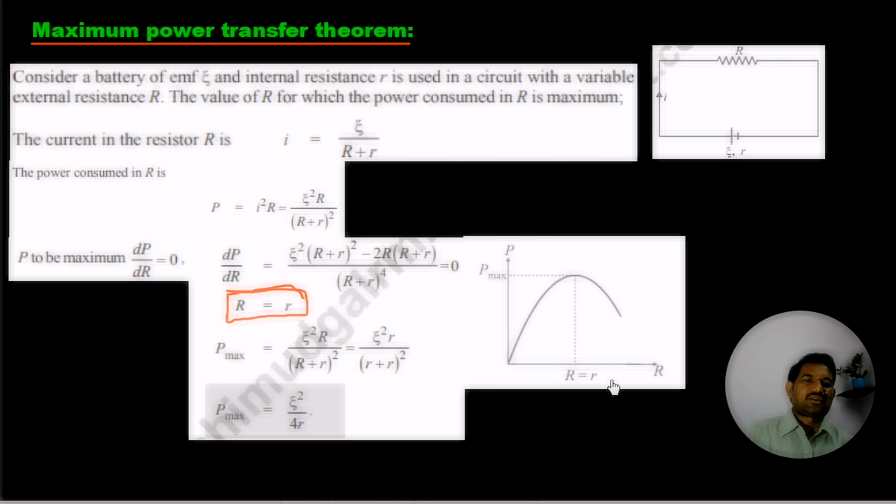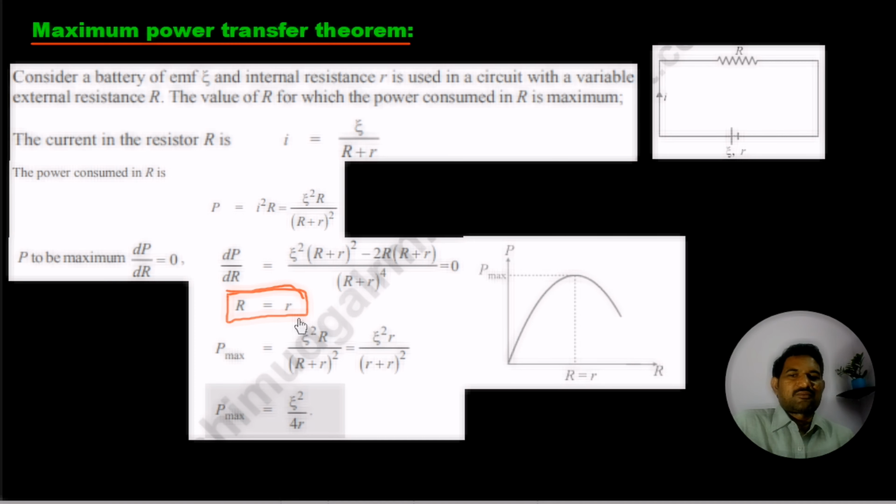So that is our conclusion here. That means small r is equal to capital R, when the effective internal resistance in the circuit is equal to the external resistance, then the power consumed in the circuit will be maximum. You may mention that statement again here, as we mentioned already at the mixed grouping of the cells.